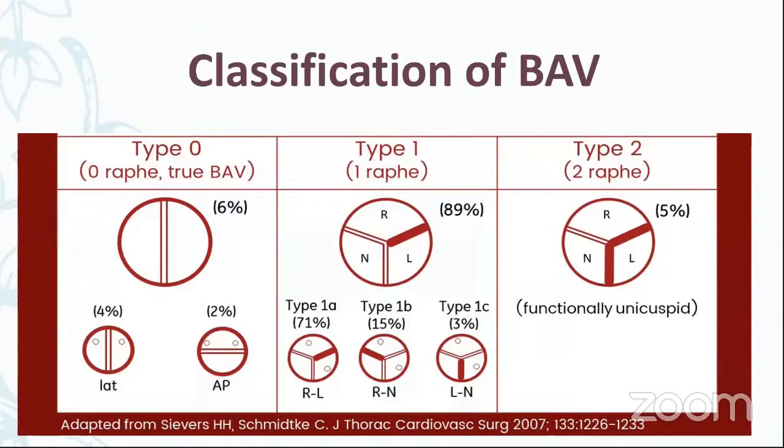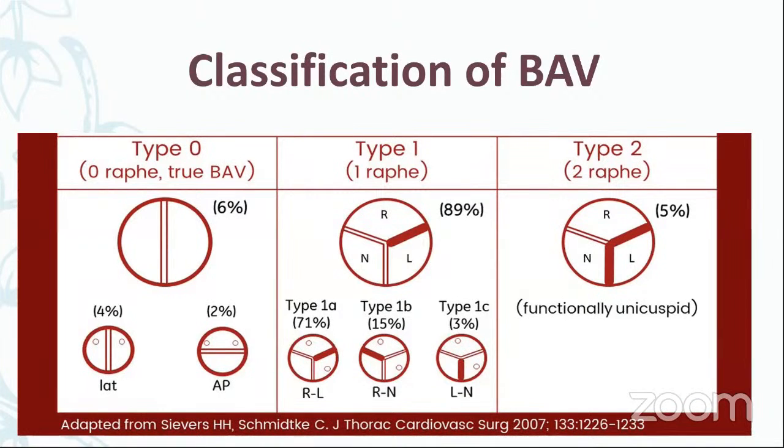The bicuspid aortic valve is classified into three types: type 0, type 1, and type 2. Type 0 has two aortic sinuses and no raphe, and this is called the true bicuspid aortic valve.